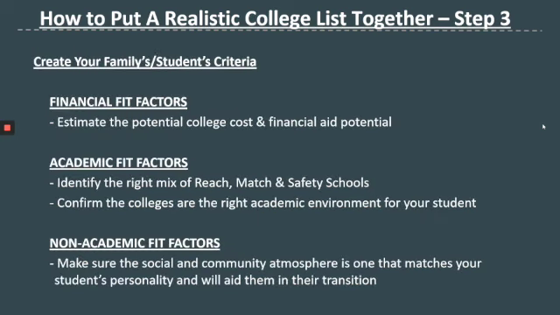So when we, again, want to put this perfect college list together, we want to make sure that you are identifying the financial fit factors, the academic fit factors, and the non-academic fit factors before the student applies, so you can minimize, again, the uncertainty, the potential for frustration, and the feeling of being overwhelmed when all is said and done.